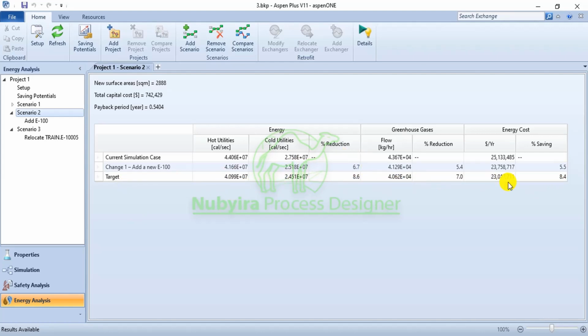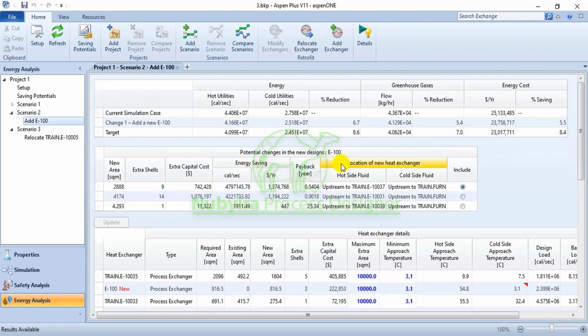You can see this is the target. So we are trying to get to the targets. Then the heat exchanger that you are adding is just 816.5, and the extra capital cost is this.